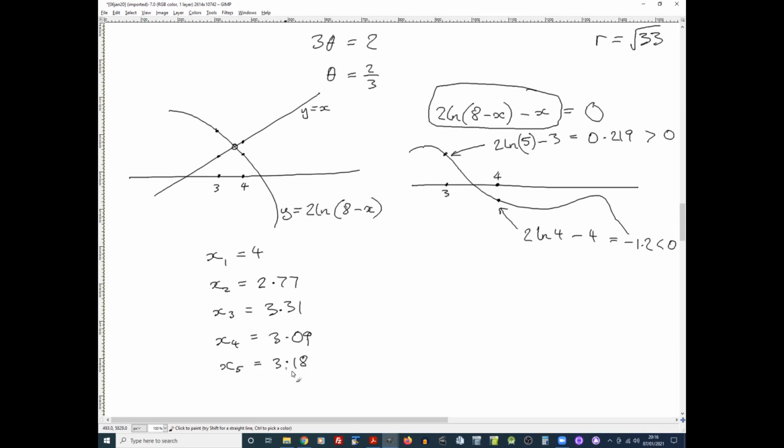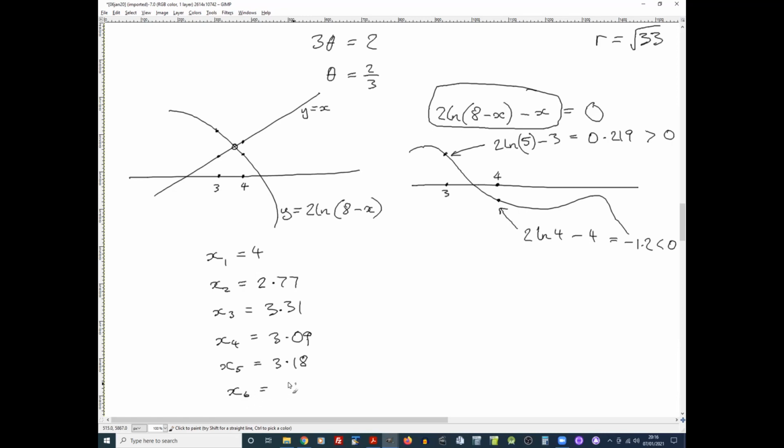It might be worth continuing until you can say, I've noticed that it's stabilizing to a number of decimal places. Yes, it's stabilizing to 2 decimal places, I think. By when?